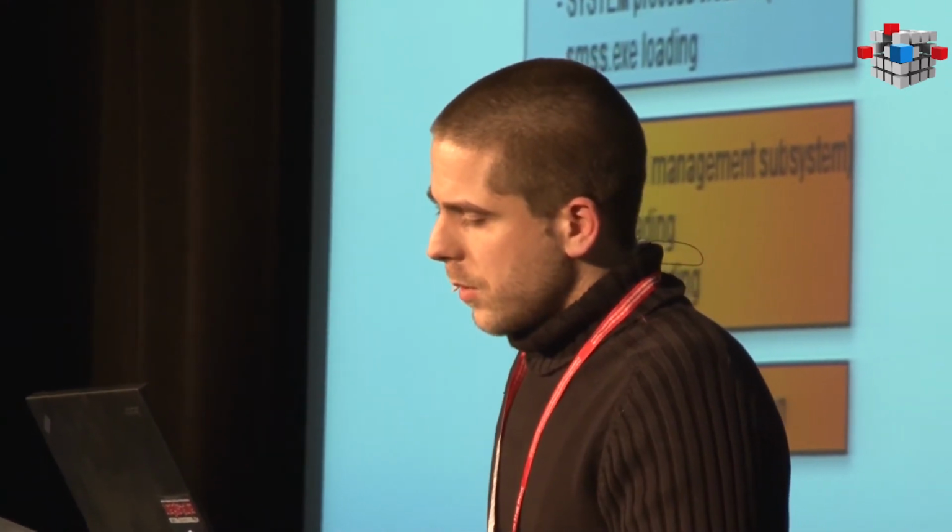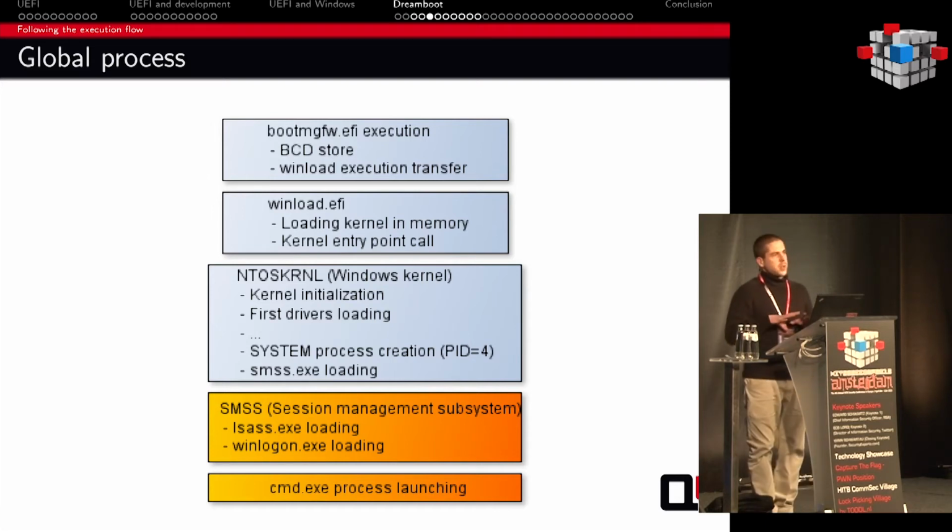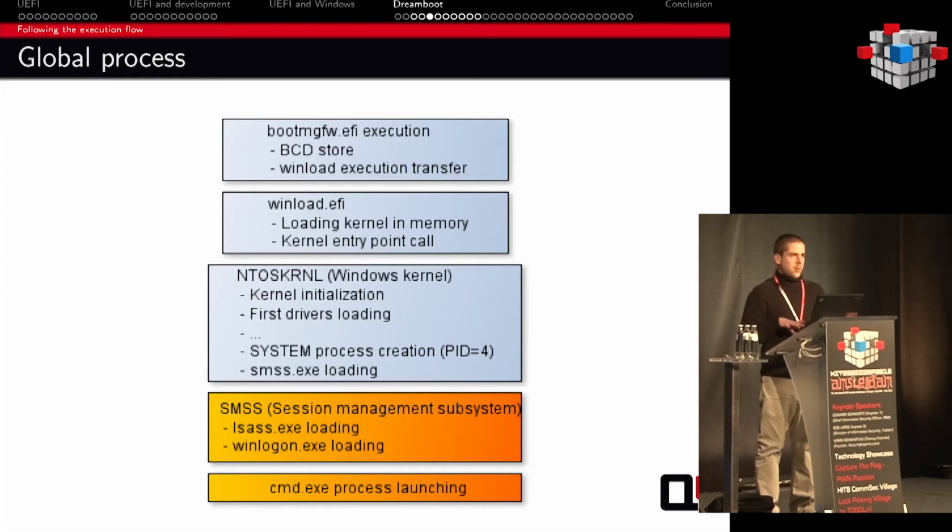So just to remember the global Windows boot process. We have the first boot manager which is executed. In fact, it loads the BCD store, and next transfers the execution flow to a second loader, which is WinLoad, which does the same this time, but with the kernel. Next, KiSystemStartup, the kernel main function, is called directly from WinLoad.